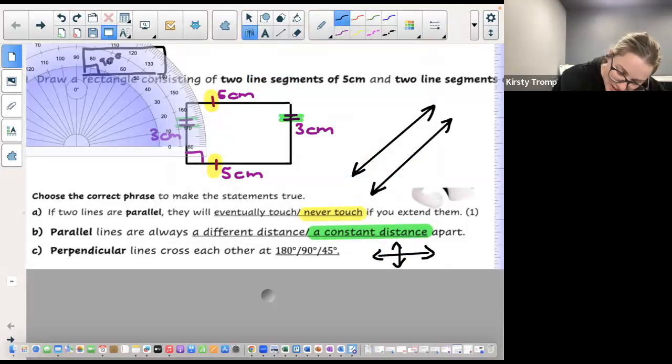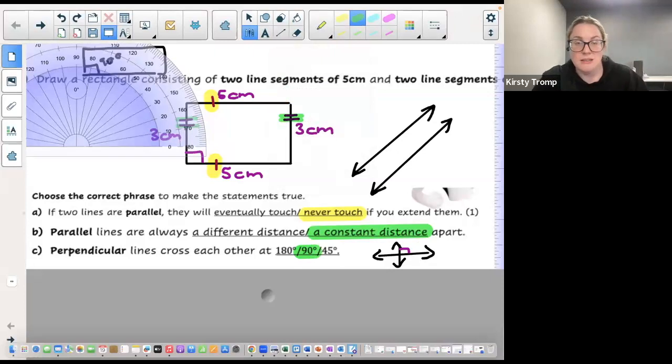The angle that they are making when they cut each other will be 90 degrees. So for my answer here, it says perpendicular lines cross each other at 90 degrees. So they cut each other at 90 degrees.